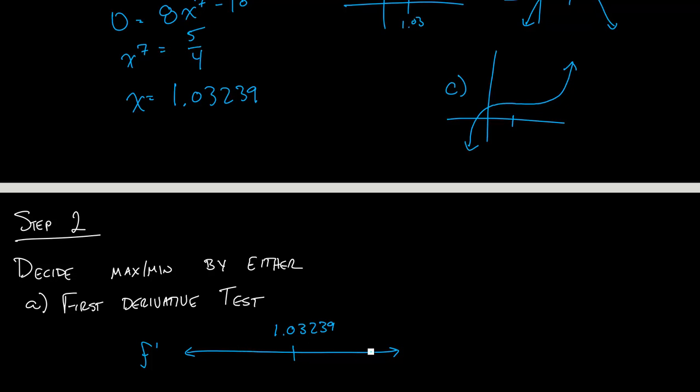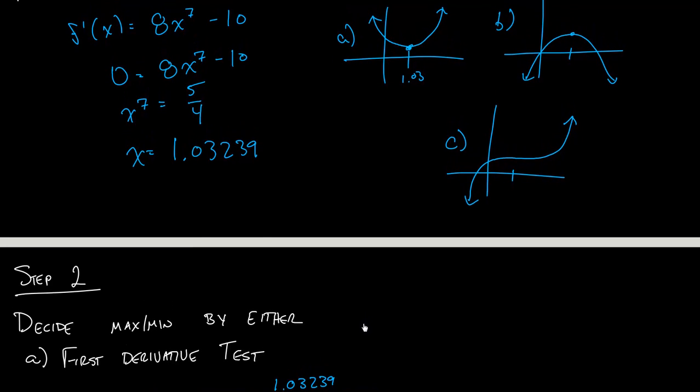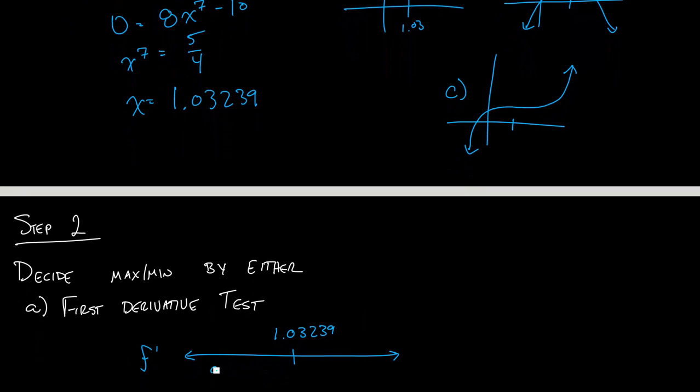So I'm going to plug in a value less than 1, let's say 0. I would have 8 times 0 to the 7th minus 10, which is negative 10. So everything over here is a minus for my f prime.